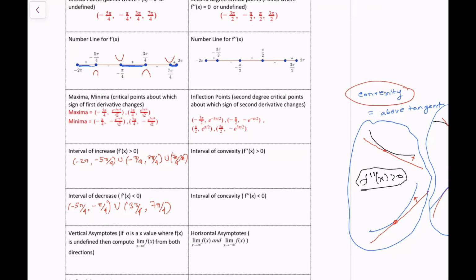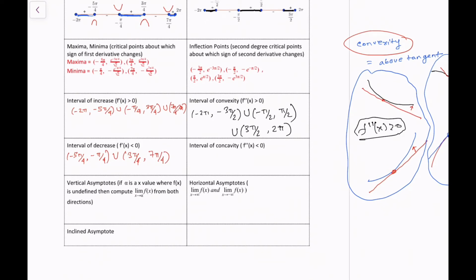So in this case, we can read it off from the number line of the second derivative, and that would be precisely negative 2 pi to negative 3 pi by 2 union negative pi by 2 to positive pi by 2 union 3 pi by 2 to 2 pi.